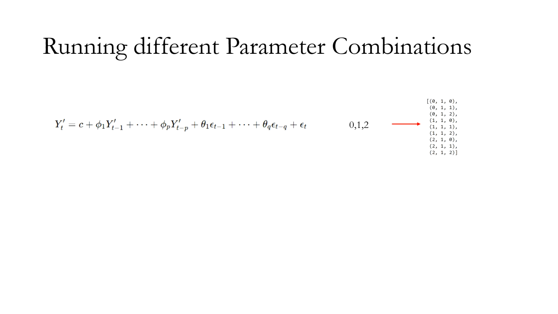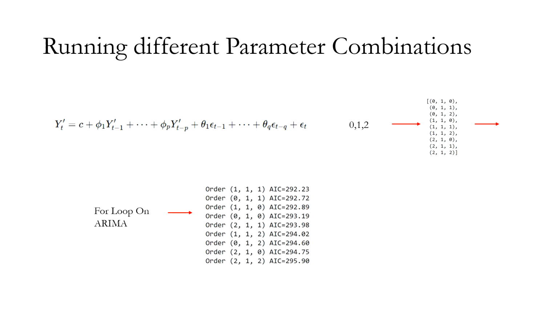And then we've got different parameter combinations. So with those parameter combinations, what we could do is use a for loop on an ARIMA model. So use a for loop on each of those parameter combinations, okay? And then we're going to get a set of outcomes, 9 outcomes to be exact.